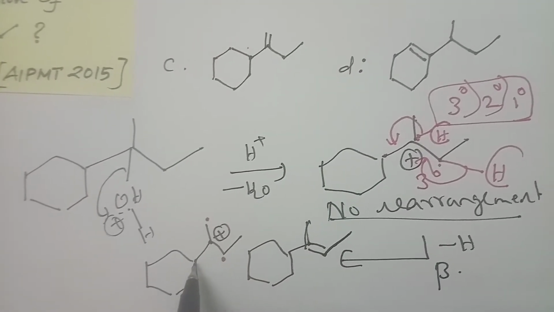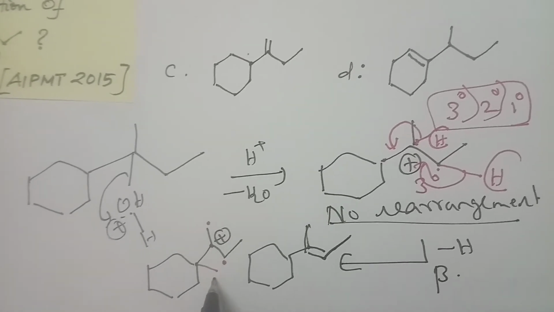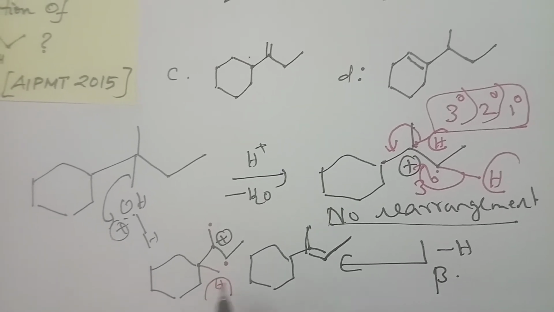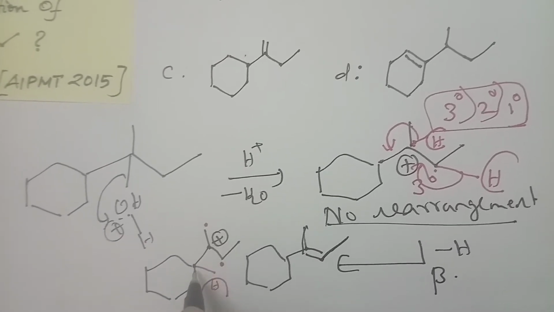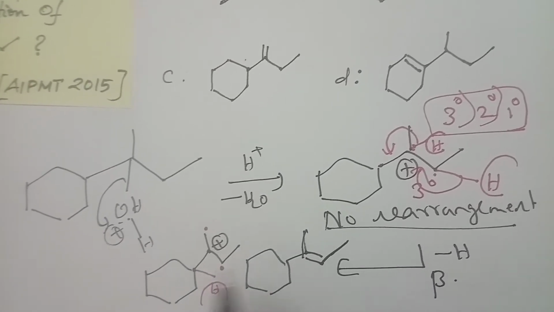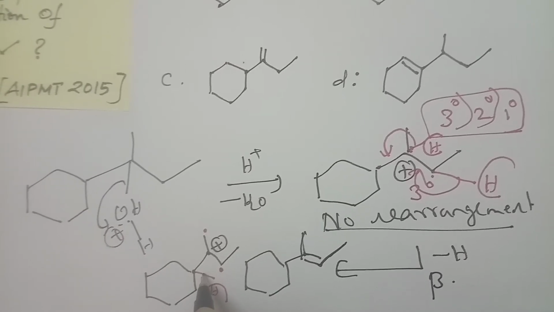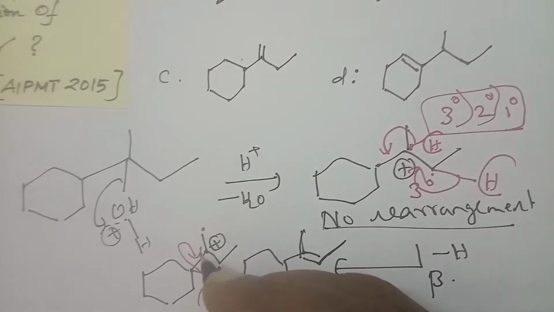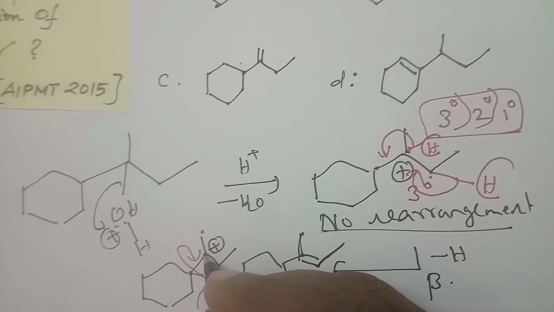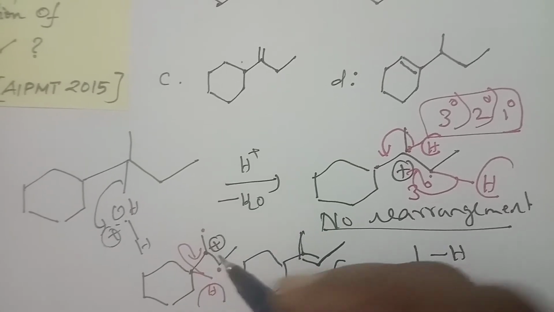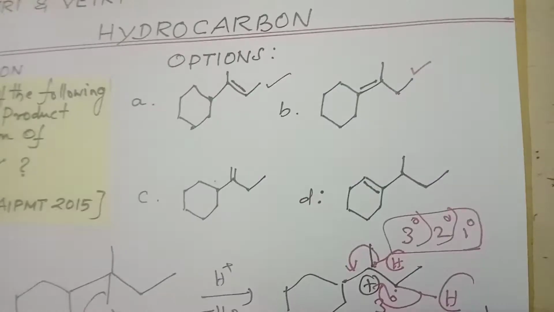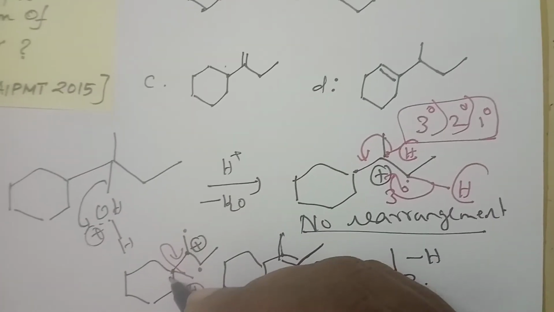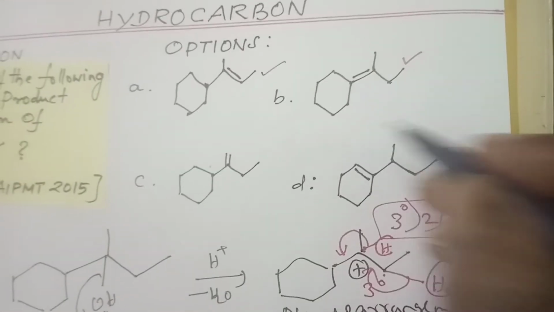Now we should complete only this carbon which has hydrogen, by removing it in beta elimination. Beta means the next carbon from which you remove hydrogen. So the bond moves to this area, forming a bond between this carbon and the ring.